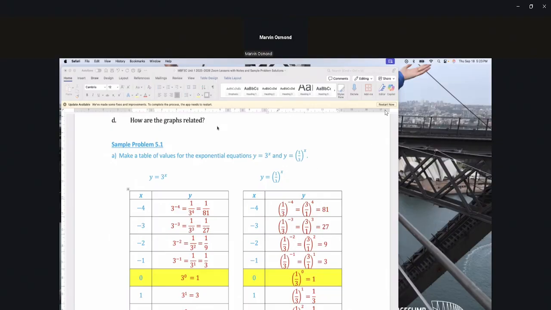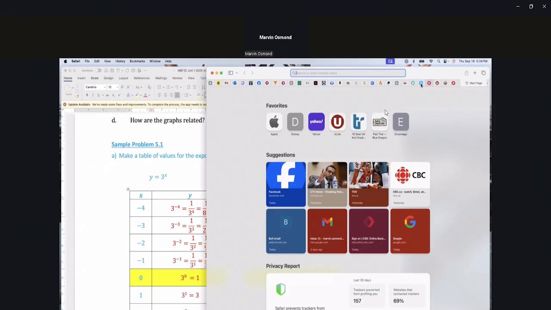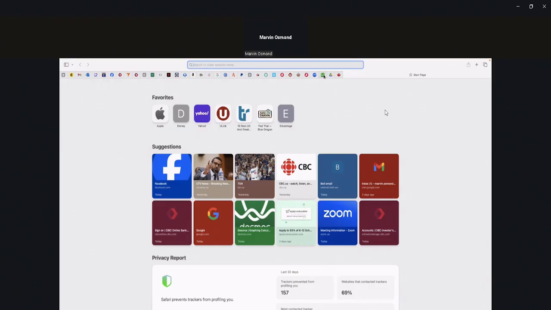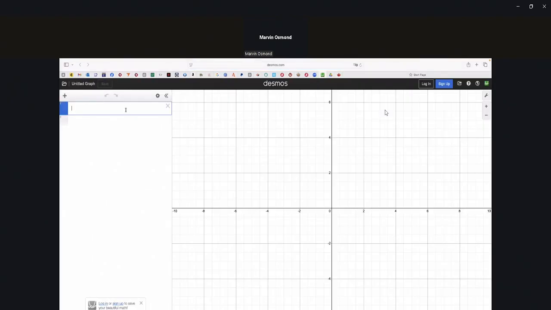Okay, where did we go? Oh no, did I shut it down? Okay, let's do that again. Not cooperating today. Let's get into my desmos.com and try that again.